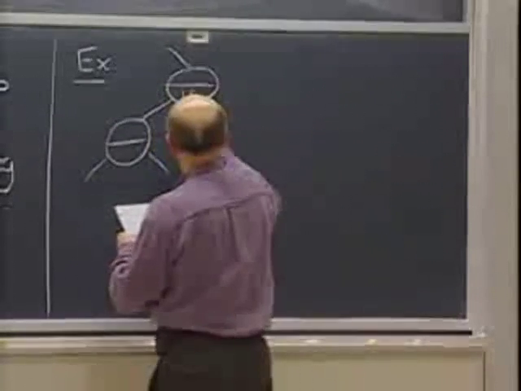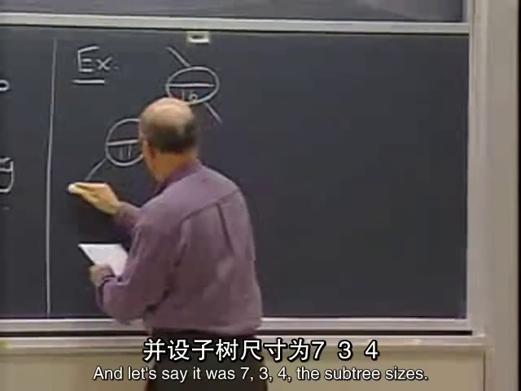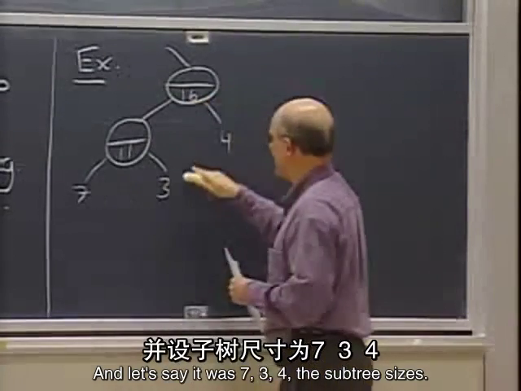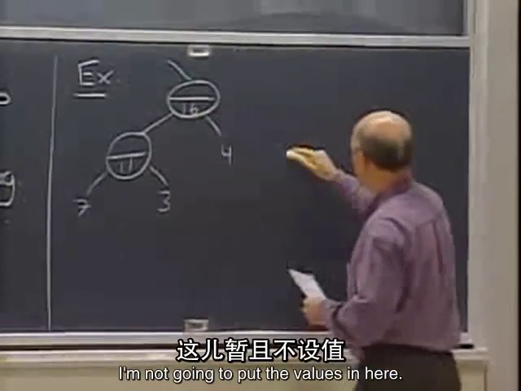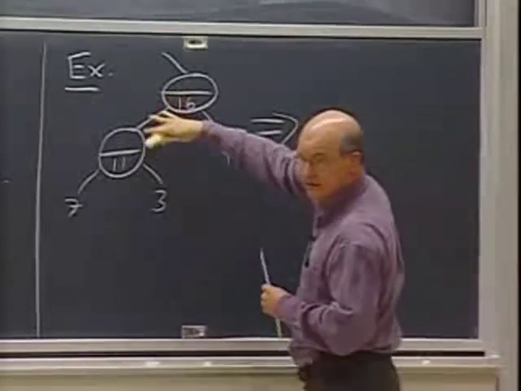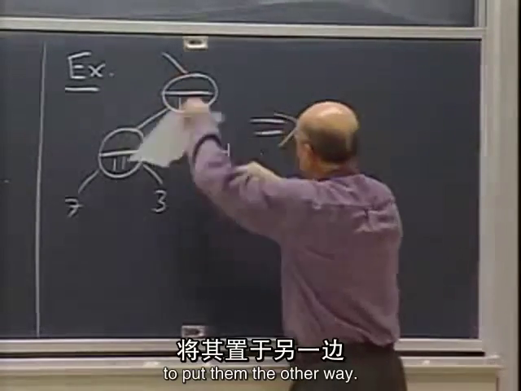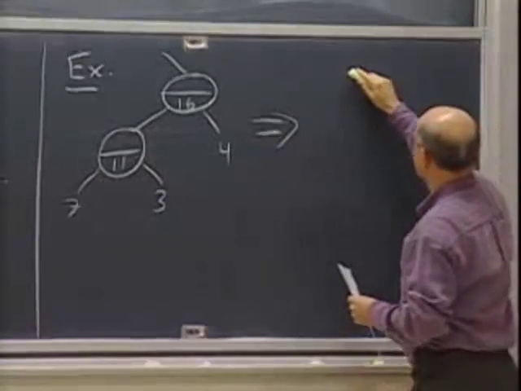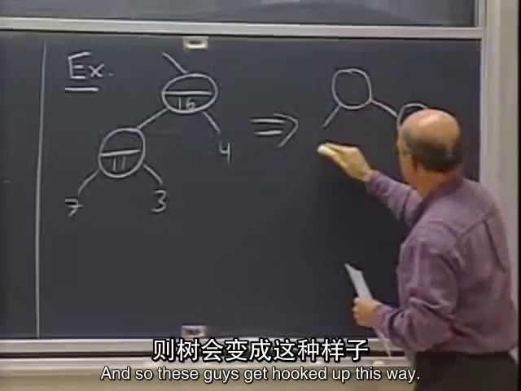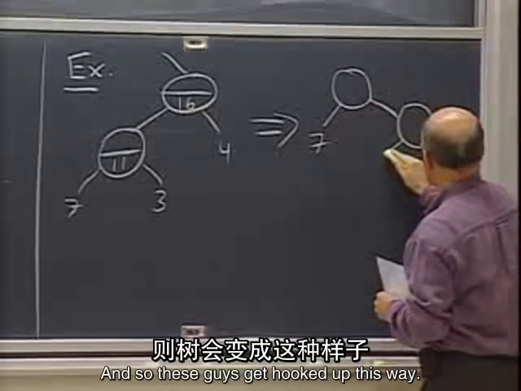Let's say 7, 3, 4 are the subtree sizes. I'm not going to put the values in here. And I did a right rotation on that edge to put them the other way. And so these guys get hooked up this way.